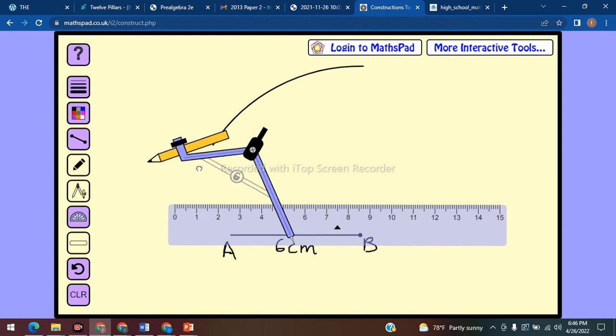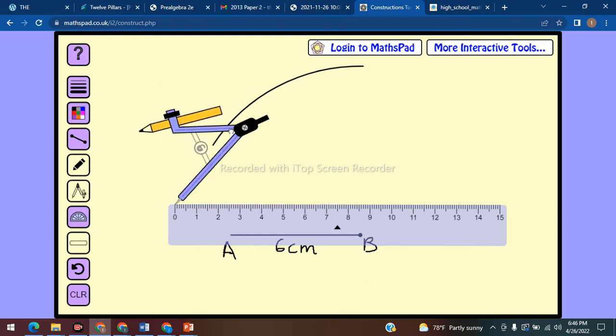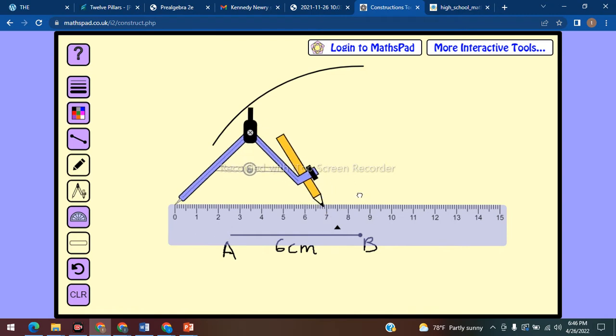So that means we need to go on our compass and measure out 7 right there. Alright, good. So lock it in.